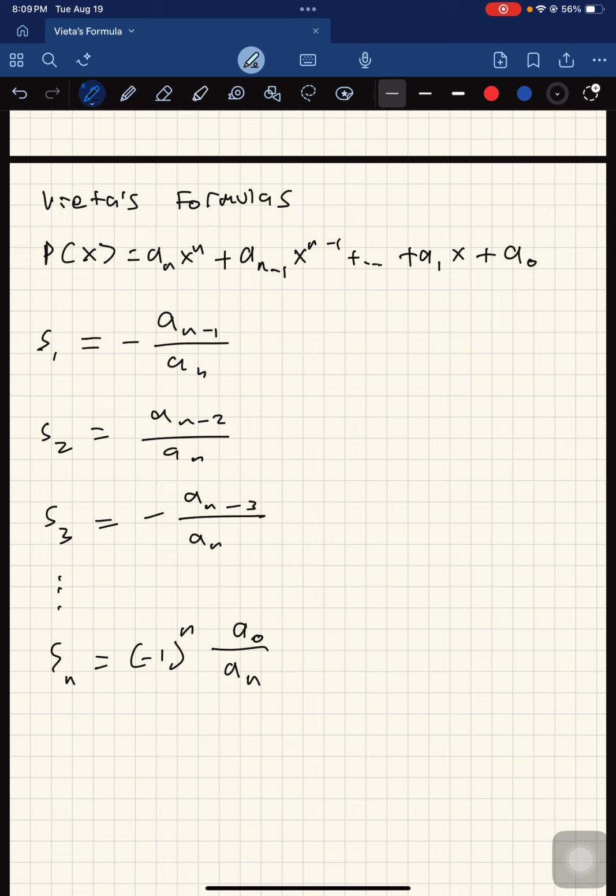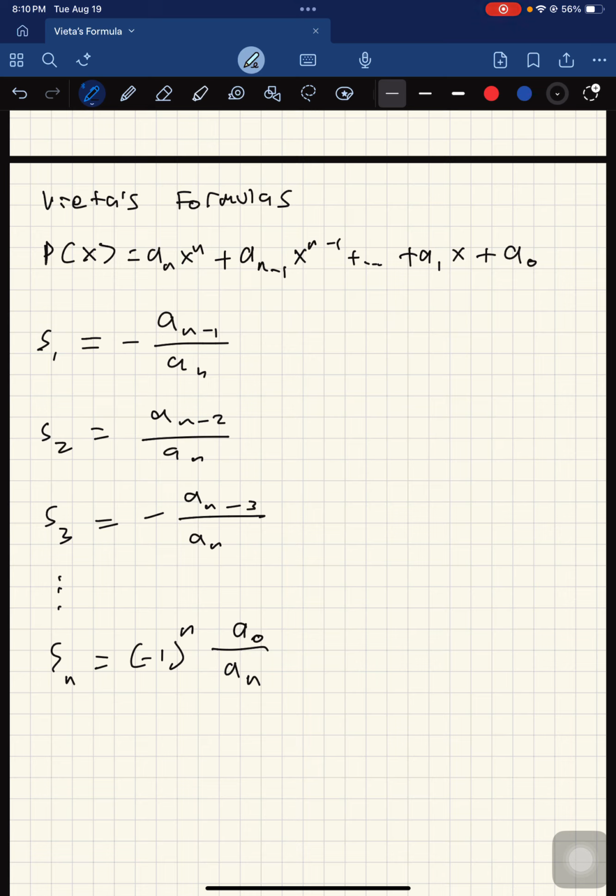You can also notice how for each successive Sk, the numerator changes to the coefficient of the x to the n minus k term: an minus 1, then an minus 2, an minus 3, all the way to an minus n, which is just equal to a0.